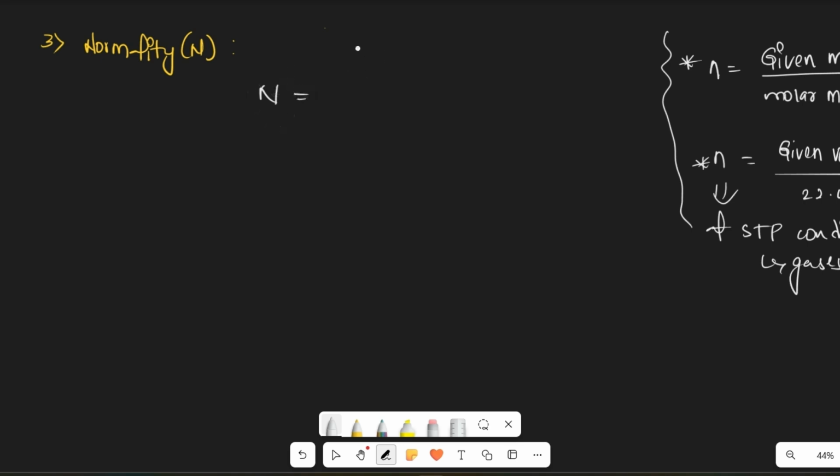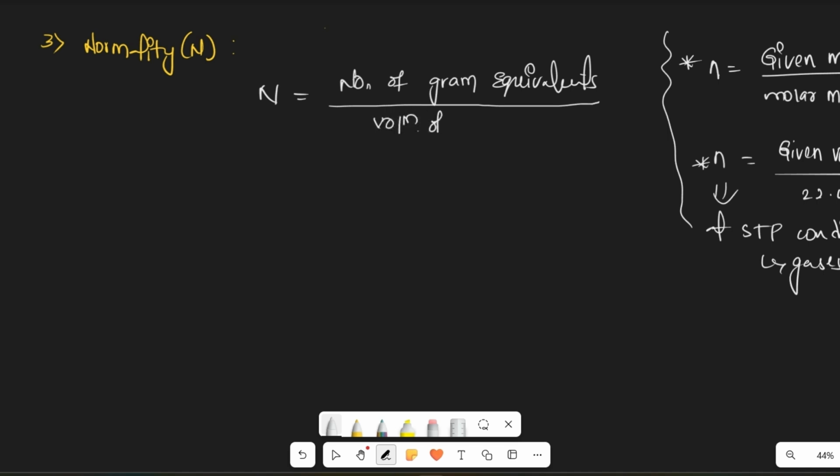Normality N is the number of gram equivalents by volume of solution in liters. Here the thing is that you need to find the number of gram equivalents also. I'll write all the formulas step by step. Don't get confused over here.